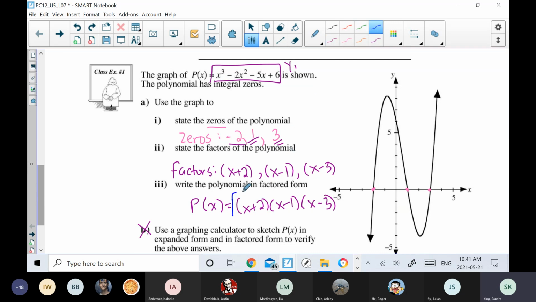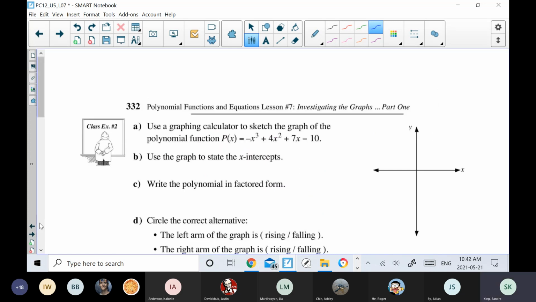If you put the factored form into y2, what would happen is the graph would go identically over this y1 graph. If the graph is even slightly off, you factored incorrectly. Okay, so this is actually a really good check to do for your exam. Punch the original into y1, punch what you think is the factored form into y2, and you must get the exact same graph. So that's class example 1.